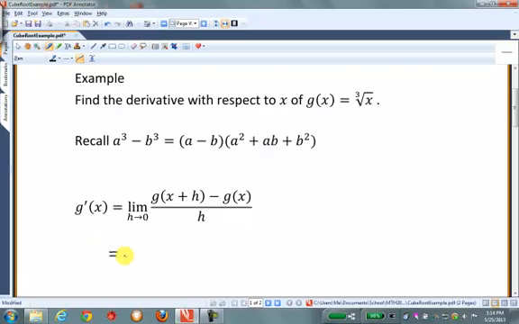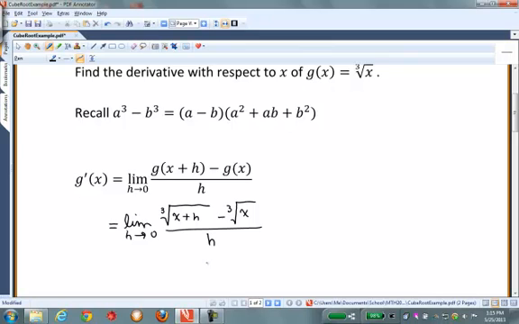Well, this is going to be the limit as h approaches 0 of the cube root of x plus h, g of x with the x replaced by x plus h, minus g of x, which is just the cube root of x, and it's all divided by h.